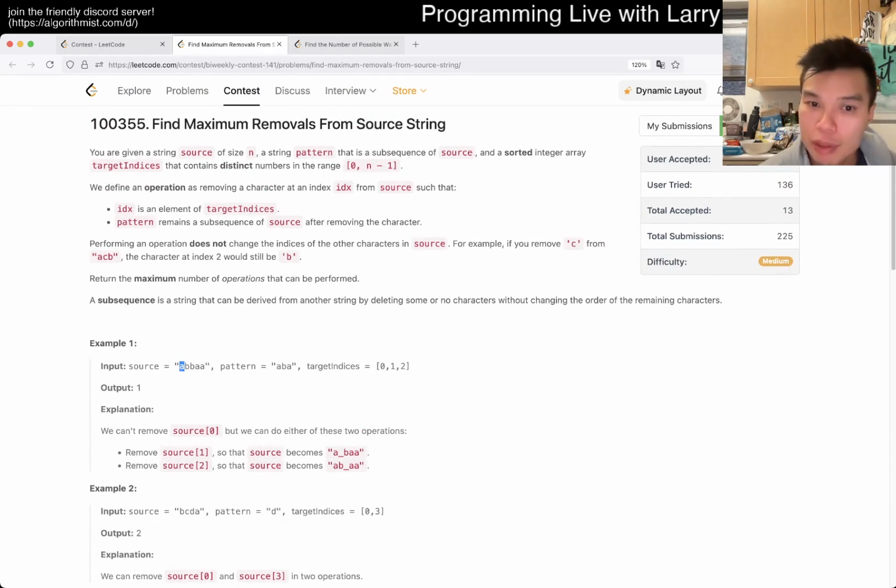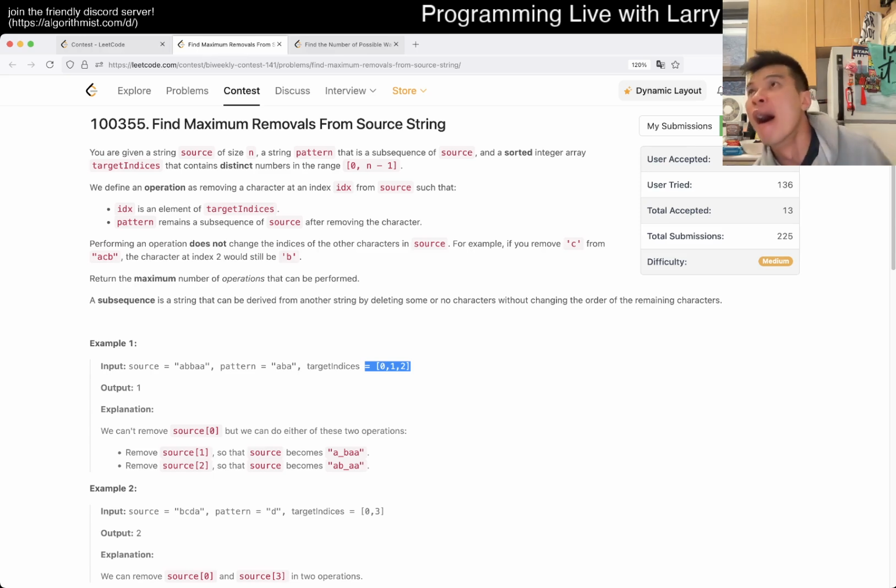Do we always want to remove in order? So target indexes and source, right? That's n square.